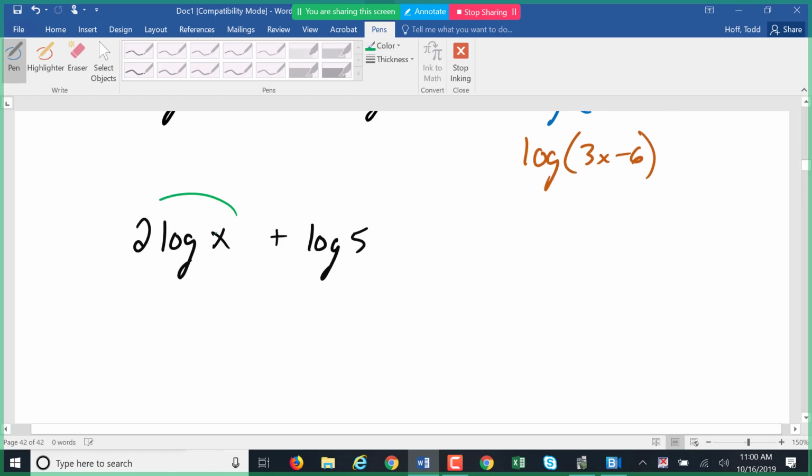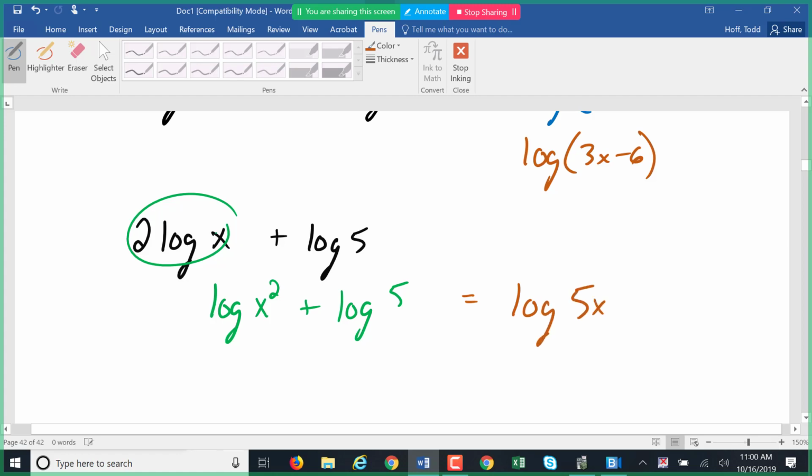Well, 2 times log of x, that is log of x squared. Log of x squared plus log of 5, that's log of x squared times 5, or 5x squared. I can multiply them back together.